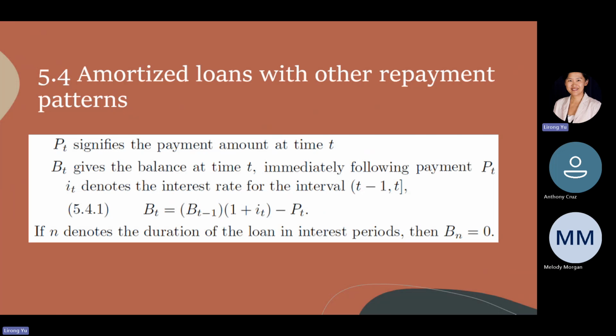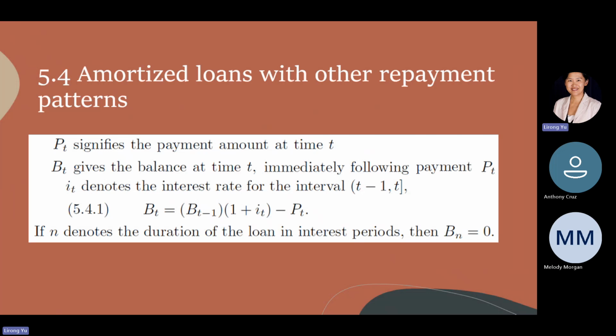Now BT represents the last balance multiplied by 1 plus IT. Your interest plus 1 is the gross factor. So BT minus 1 times 1 plus IT represents the current value of the balance from the past. Then you have to subtract the payment PT to get your current balance after the payment.